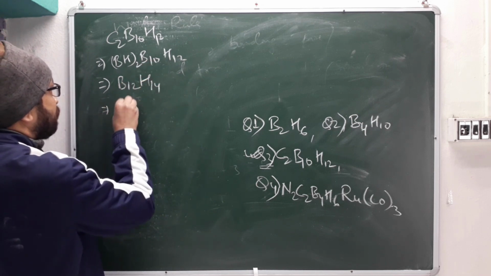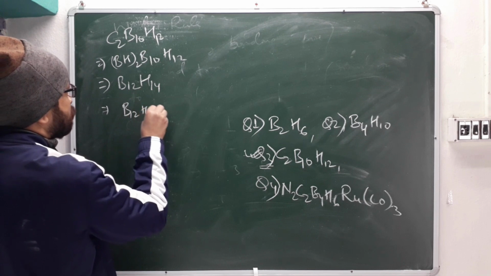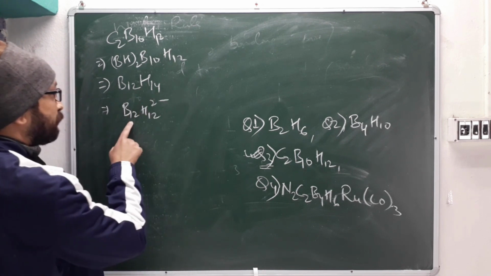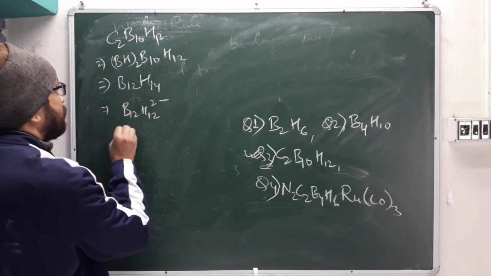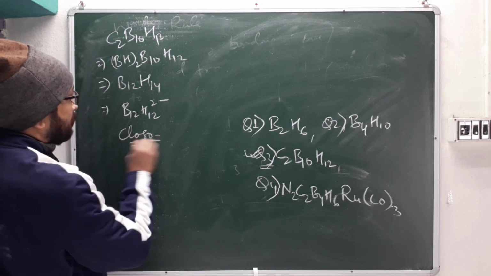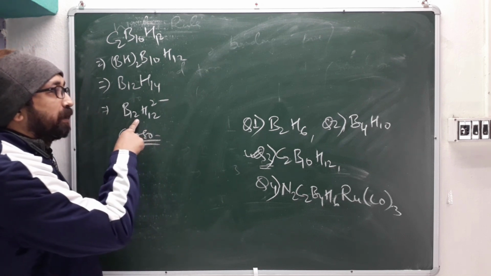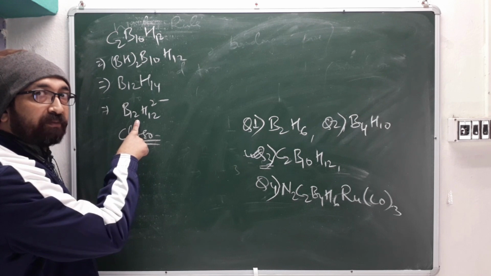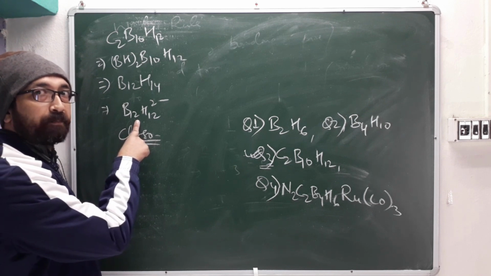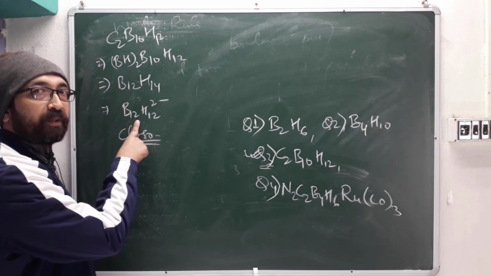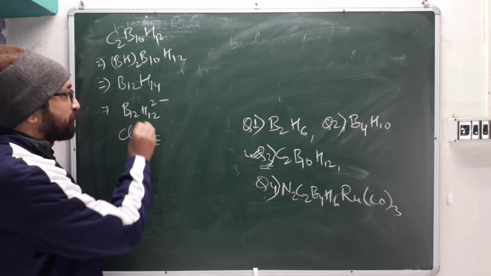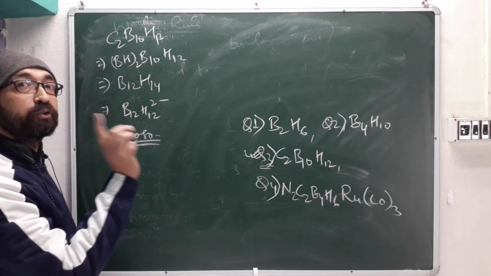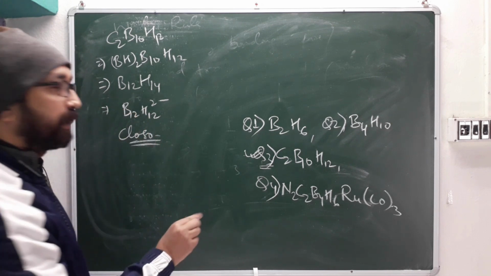Now I convert it to B12H12 2 minus. So it is closo. And what will be the geometry? There are 12 vertices, or skeletal atoms, right? 12 means it is icosahedral.